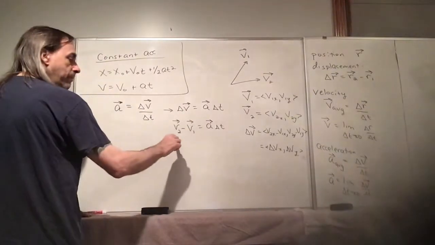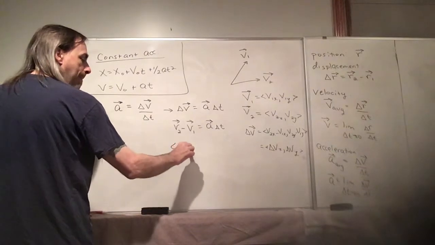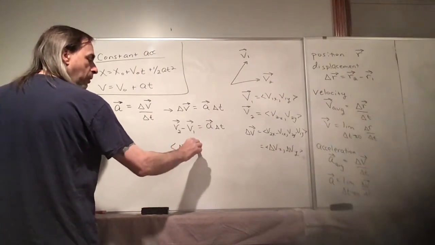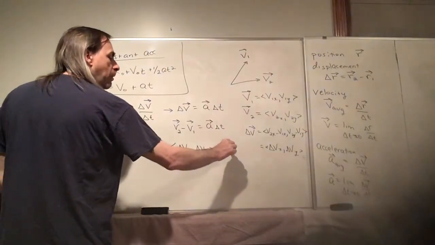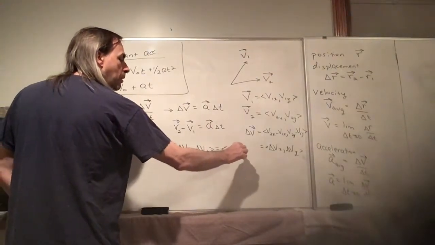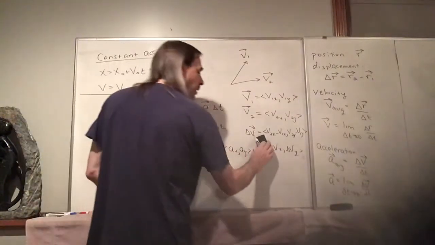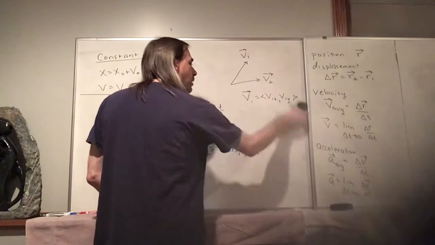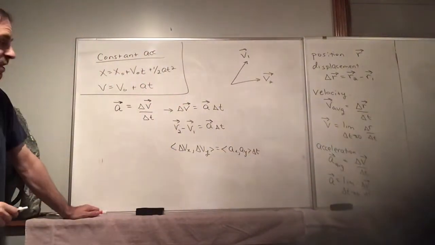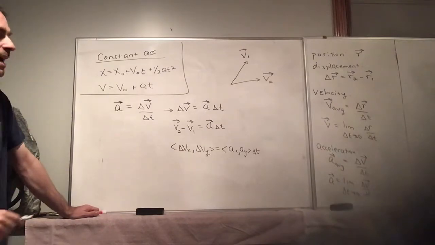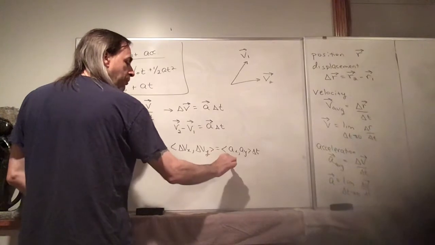So delta v, we have delta vx, comma, delta vy, and then the acceleration will have components. Okay, and one more step. I'm going to distribute this delta t inside over scalar multiplication.